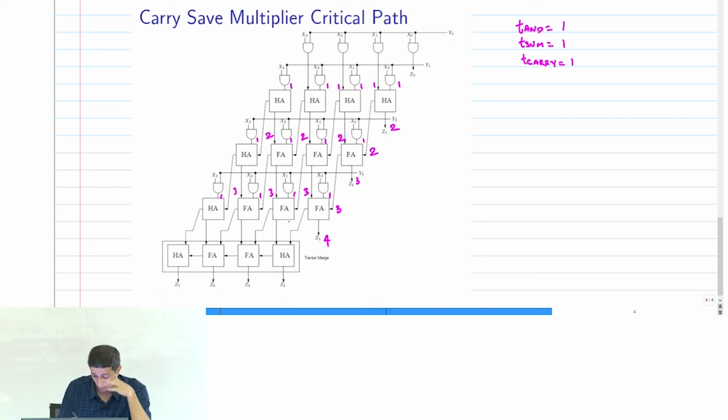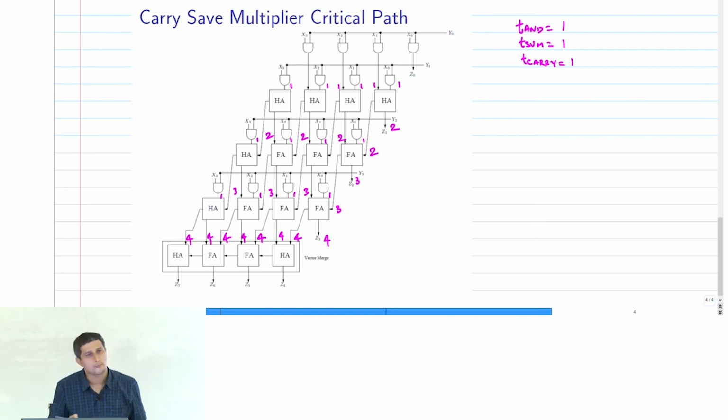Right? Now, what about the output of this guy? Here, 4. The next one, 4, 4, 4. Correct? What about the sum? This guy, 4, 4, 4.